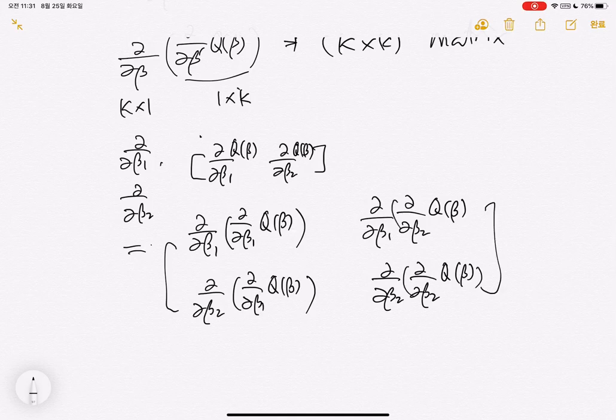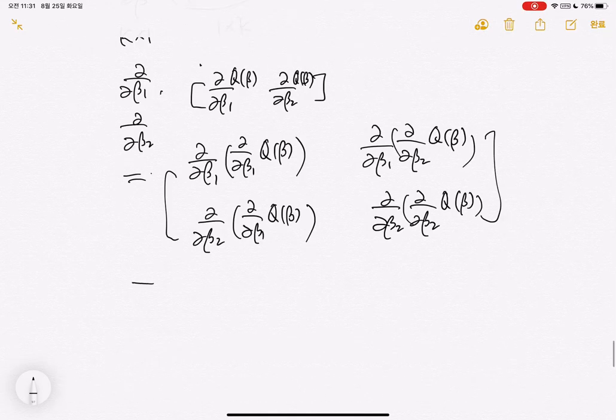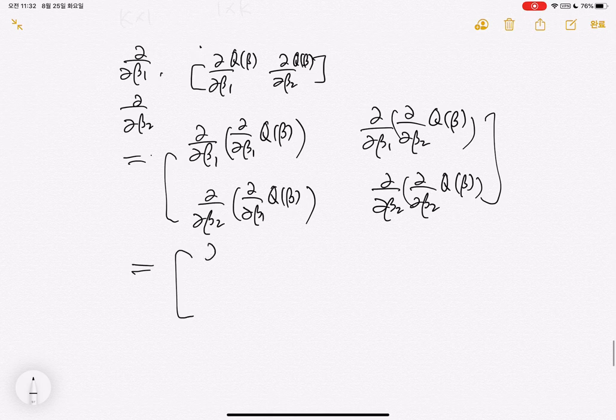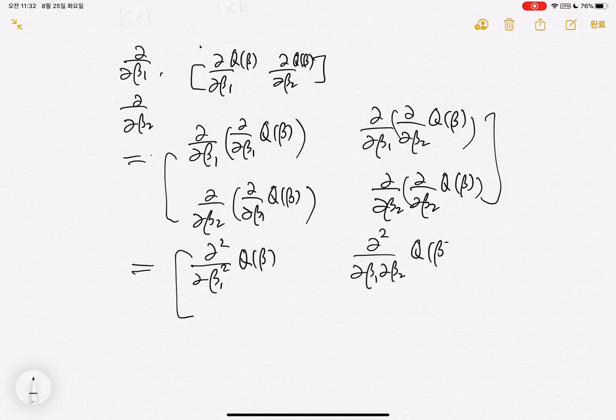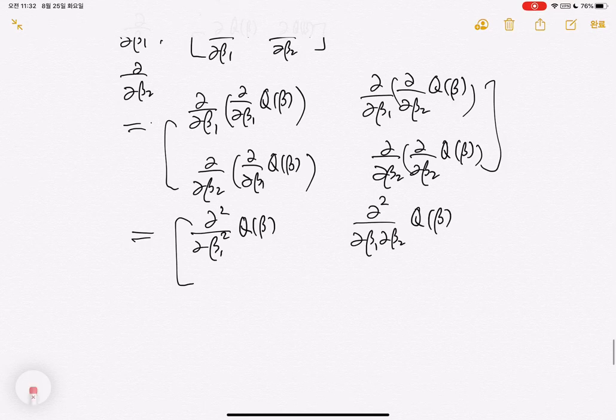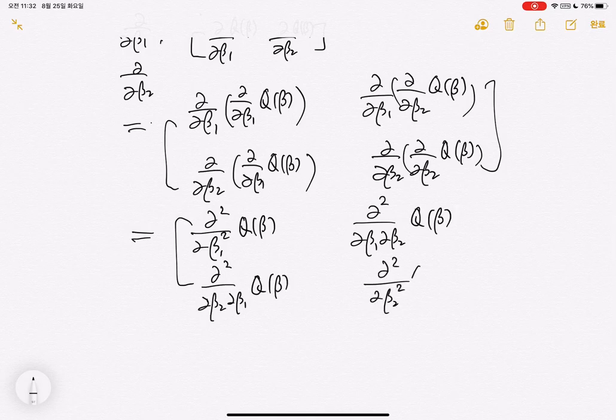Okay, and in a more familiar notation, we have partial squared beta 1 squared Q of beta, partial squared beta 1 beta 2 Q of beta, and partial squared beta 2 beta 1 Q of beta, partial squared beta 2 squared Q of beta.